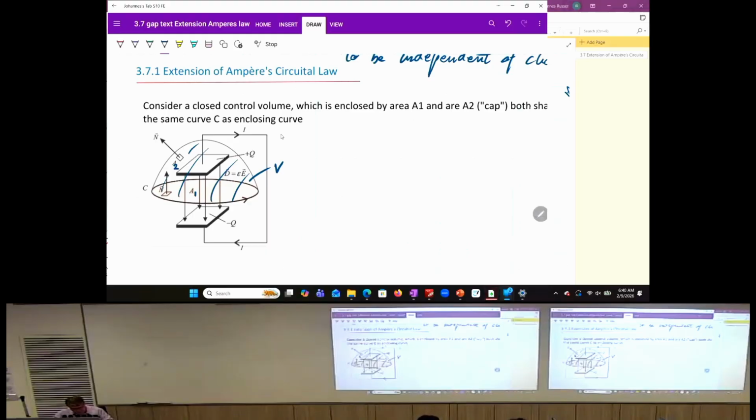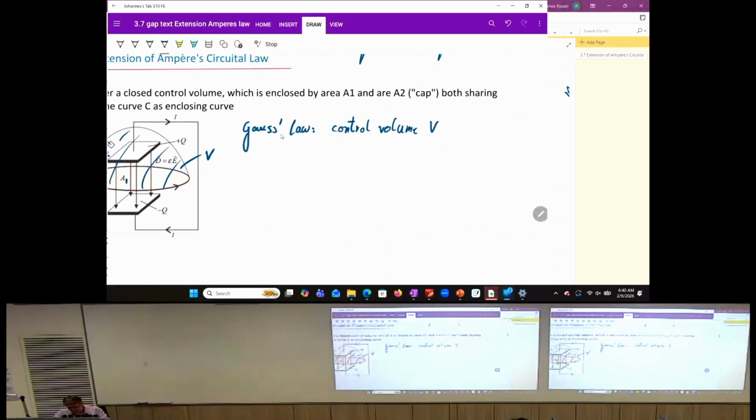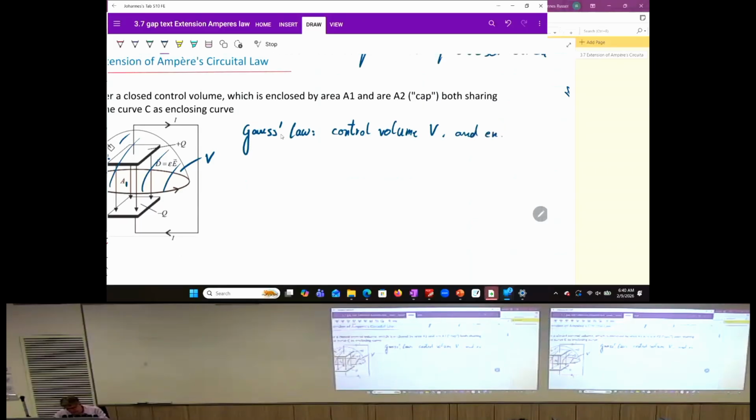And now we apply Gauss's law, and we use a control volume V, and we have an enclosing surface, ∂V, and this is the surface A1 united with A2, so basically A1 plus A2.